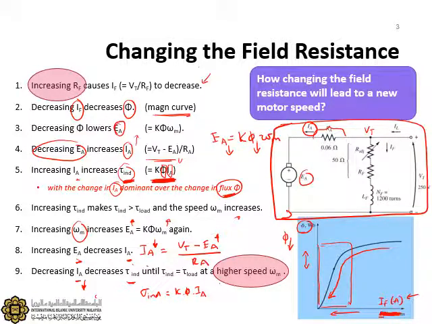So decreasing IA will decrease the induced torque, or the torque generated by the motor.